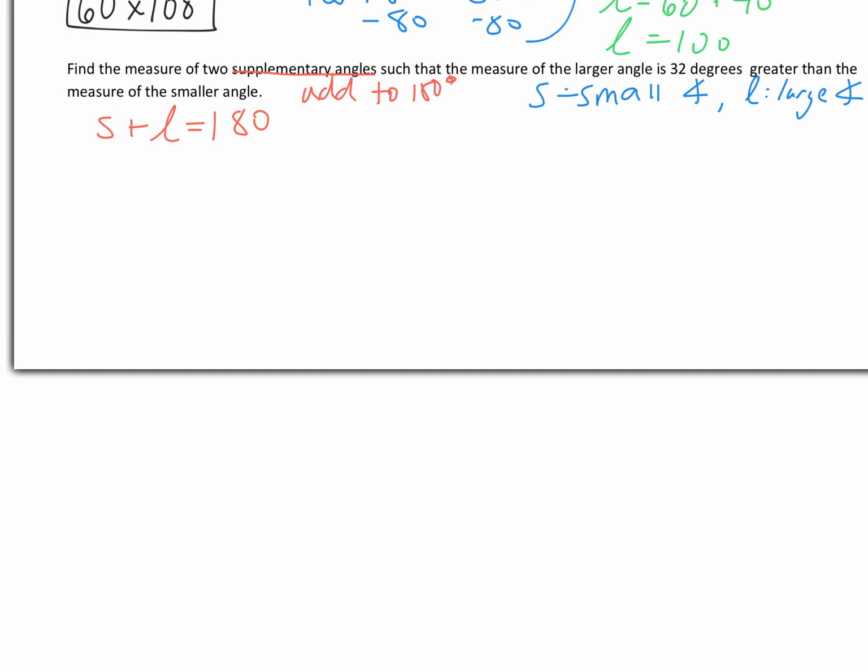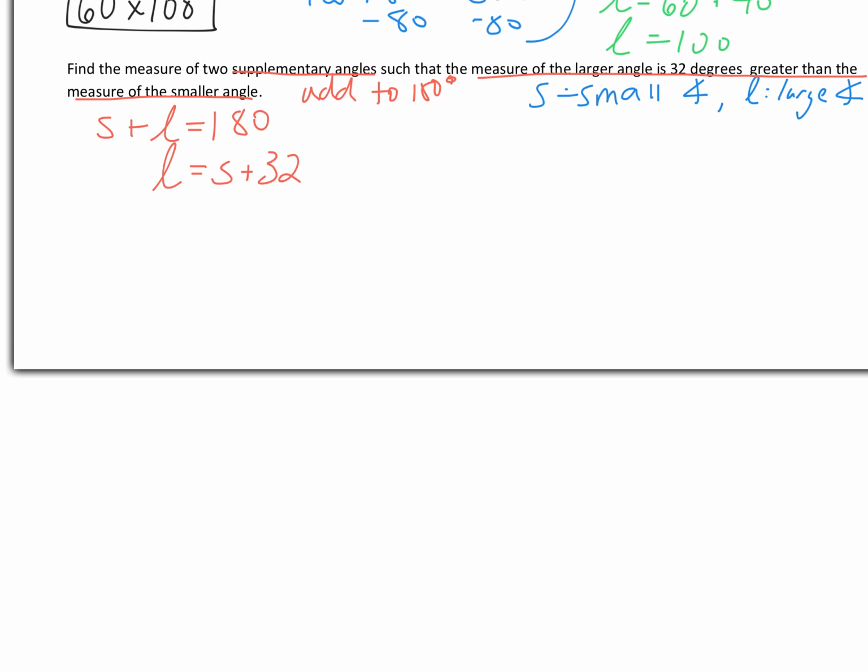The second equation comes from the second part of the sentence. The larger angle is 32 degrees greater than the measure of the smaller angle. That means the large angle is going to equal the small angle if we add 32 degrees to that small angle.